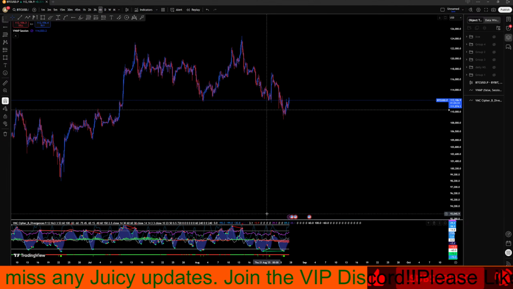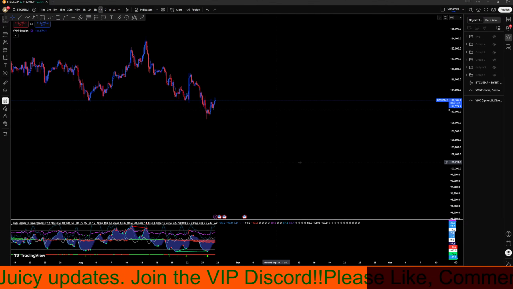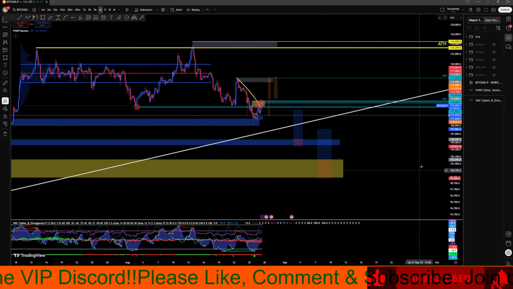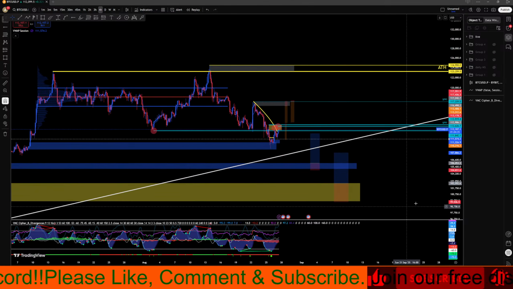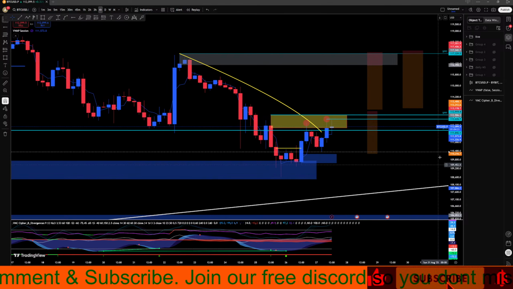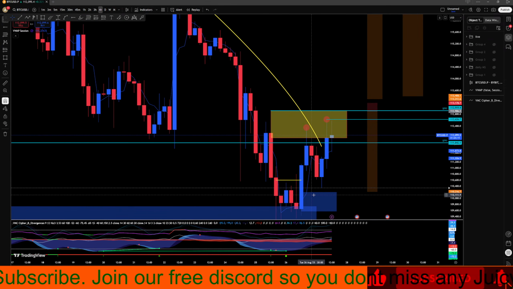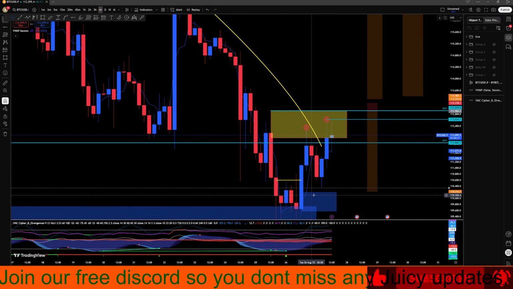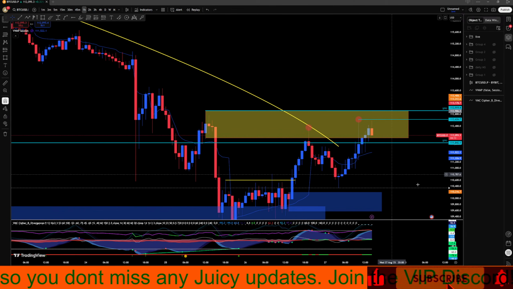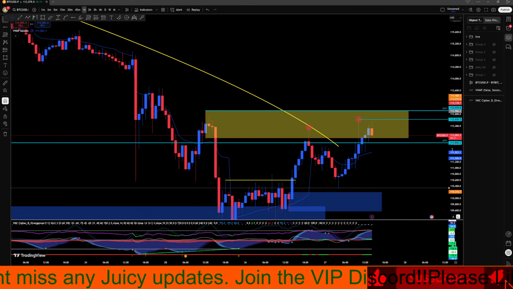Right, so let's see what's happening currently with price. We're really struggling to push higher in this zone, and that's not really a good thing, is it?